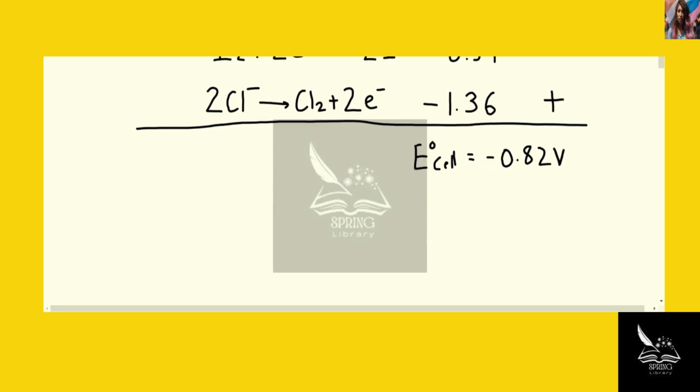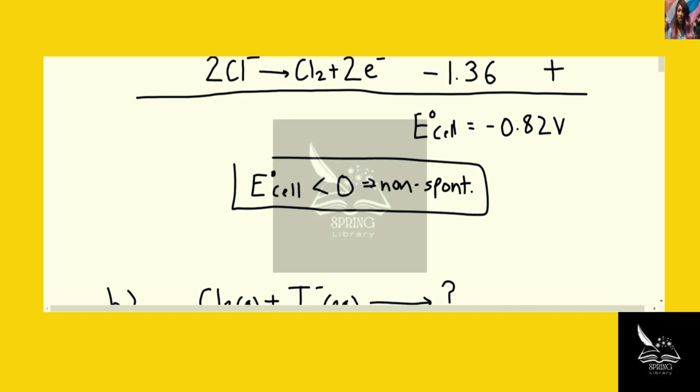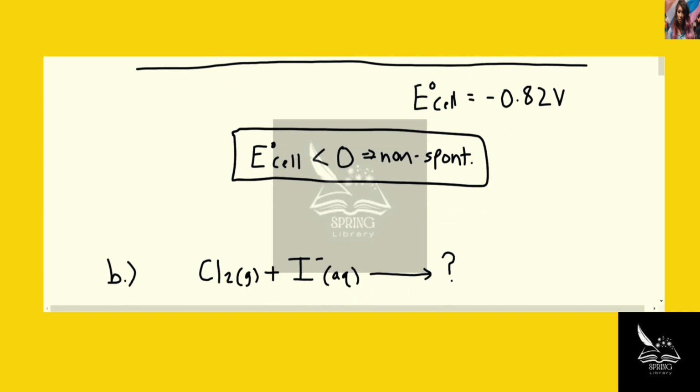And since that cell potential at standard conditions is less than 0, this is non-spontaneous. That means this reaction will not proceed unless we supply some kind of energy. So that reaction will not occur, because it is non-spontaneous.